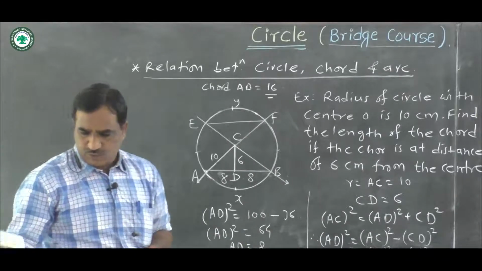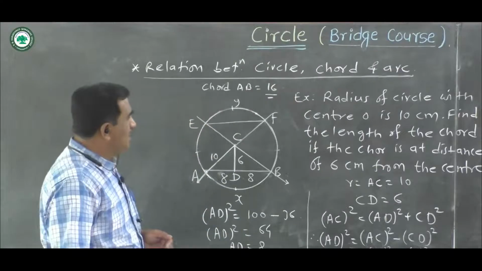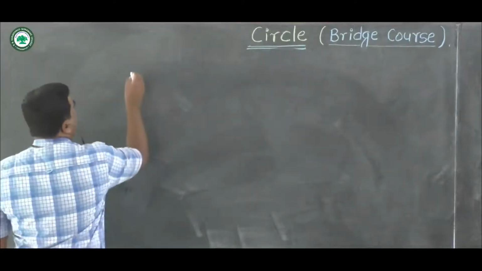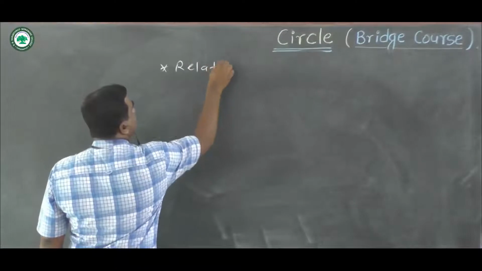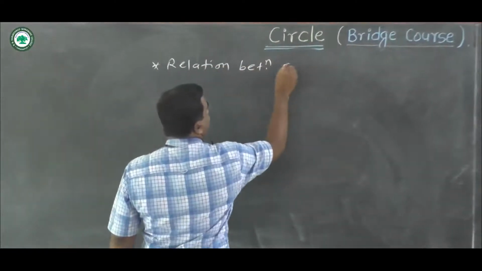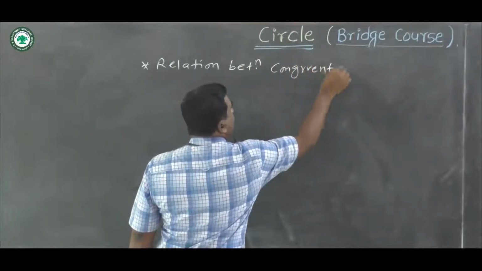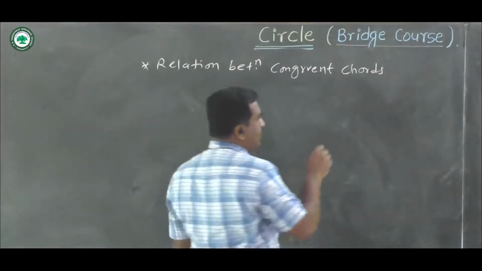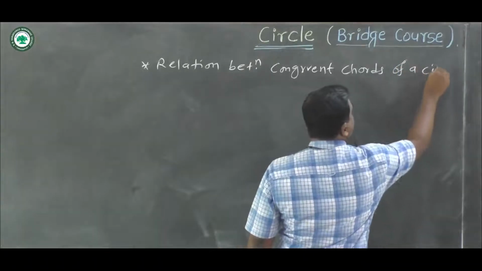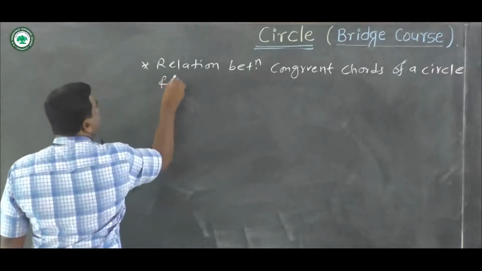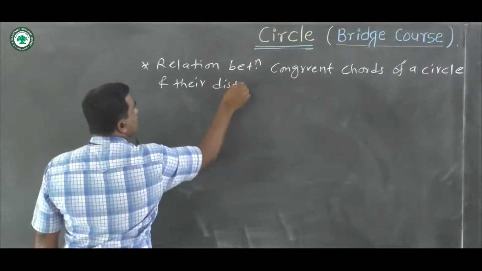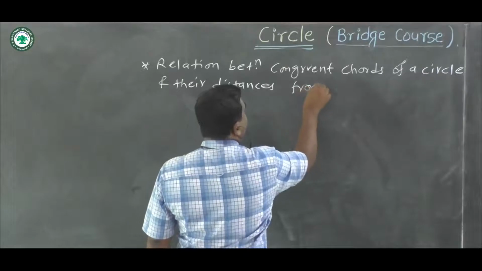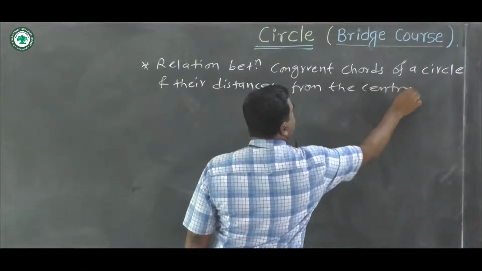Okay, now we see the next point: relation between congruent chords of a circle and their distances from the center of the circle.